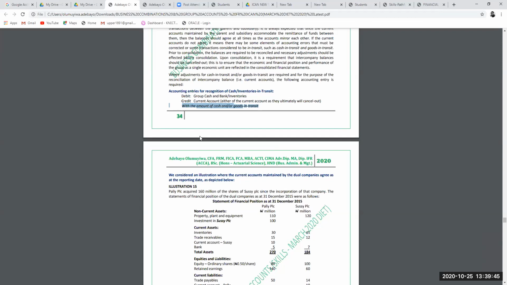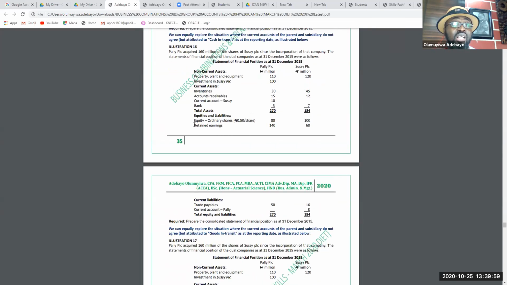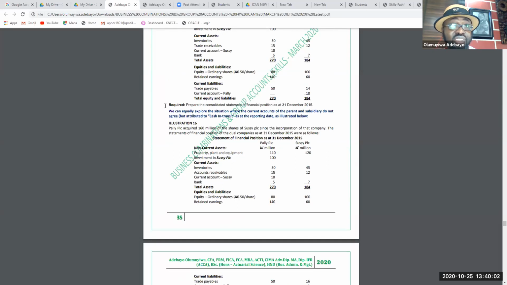Therefore, the examiner will provide you information, whether directly or indirectly, to tell you what caused it, whether it is cash in transit or goods in transit. Now, if you go back to the question you just read, it says we can equally explore a situation where the current accounts of parent and subsidiary do not agree, but it is attributed to cash in transit.